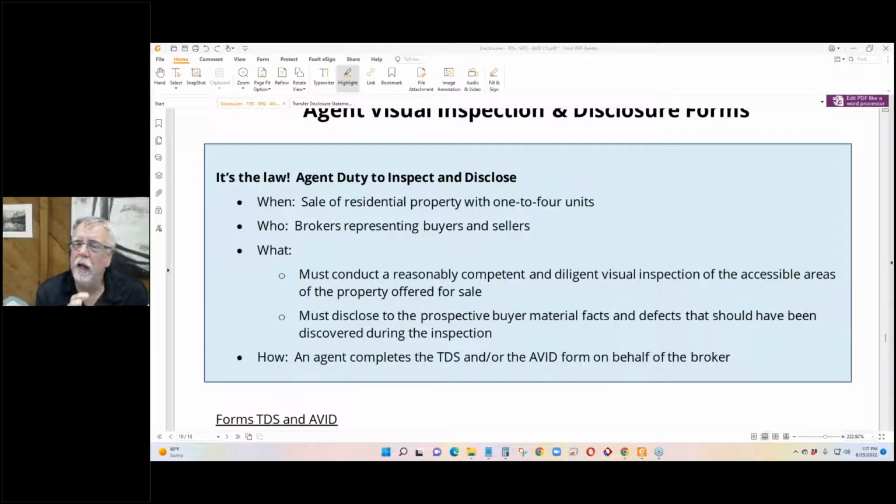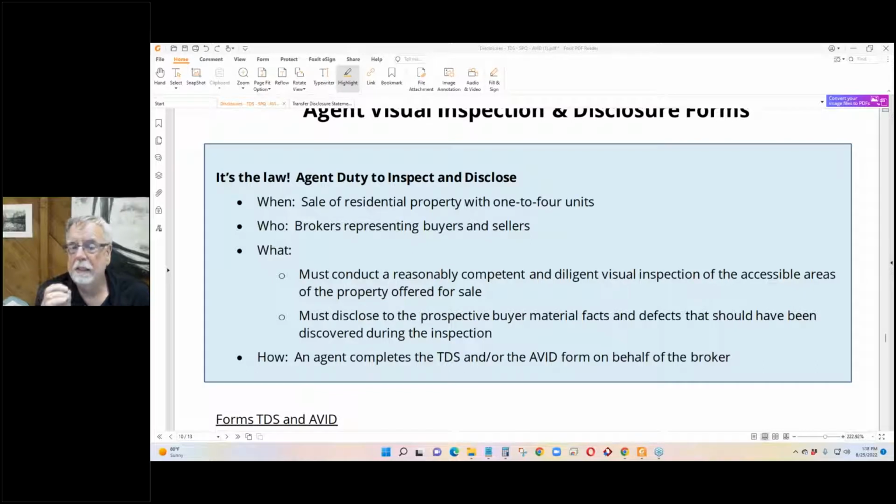As long as the material facts are disclosed to the buyer, with the buyer having time to understand them, digest them, and given a right to back out because of the contents. Now, if you gave all of the disclosures prior to the buyer writing an offer, then all of that information is assumed to be included in their decision.